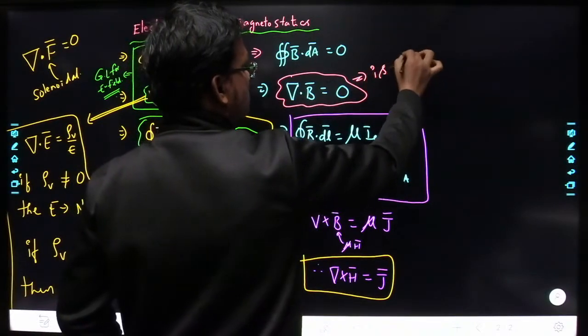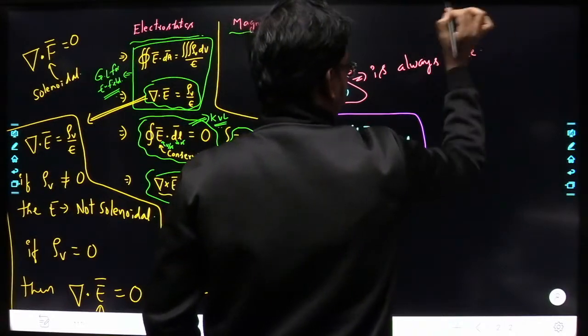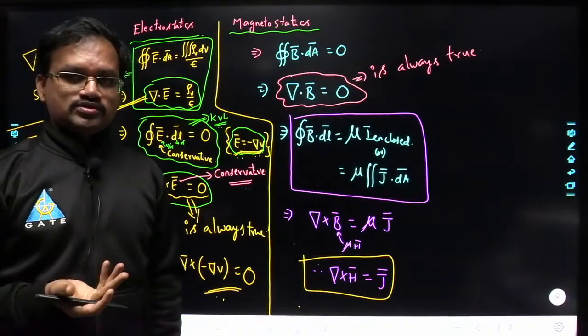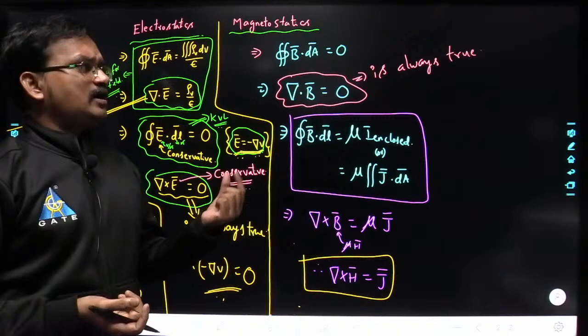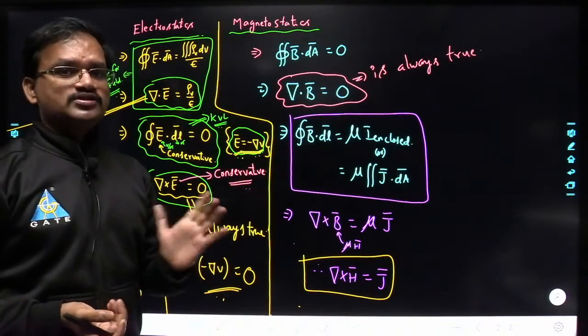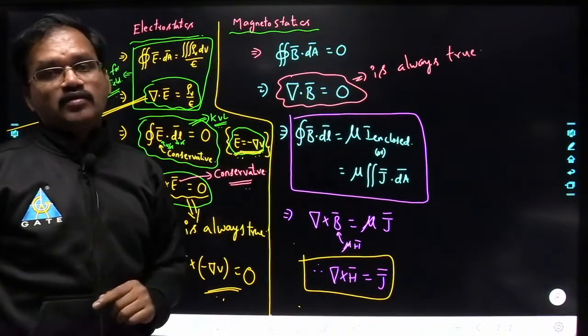Why? Because we have not discovered any magnetic monopoles yet. A magnet always exists as a dipole. Magnetic monopoles don't exist, and hence divergence of B bar will always be equal to 0.